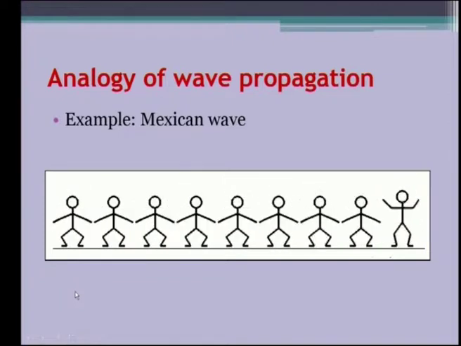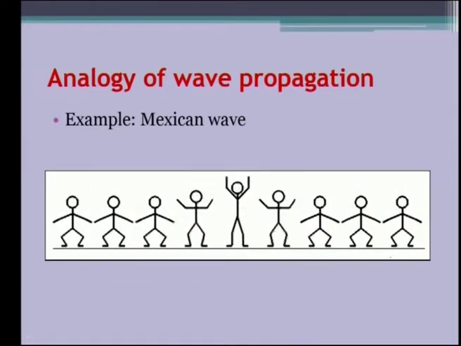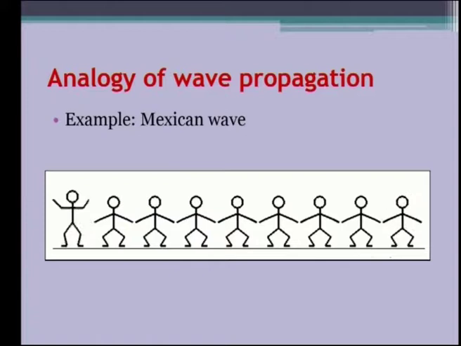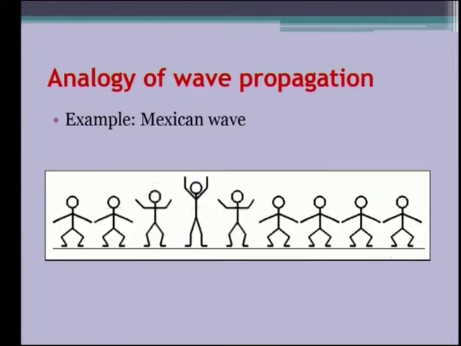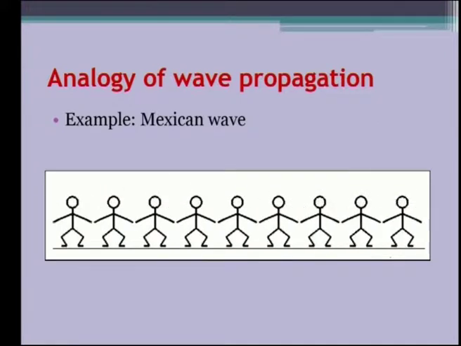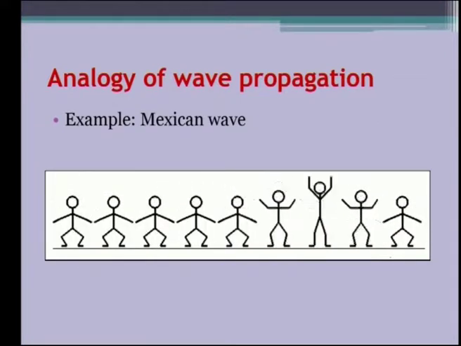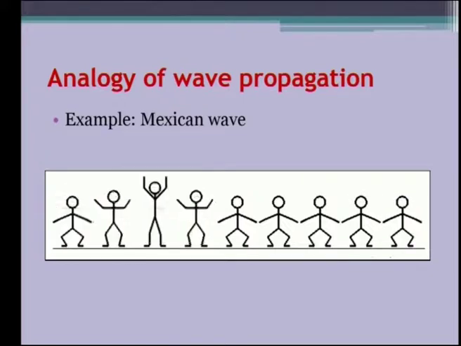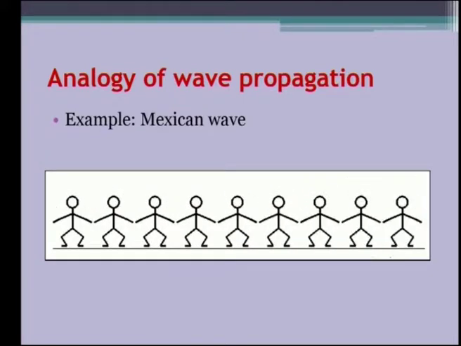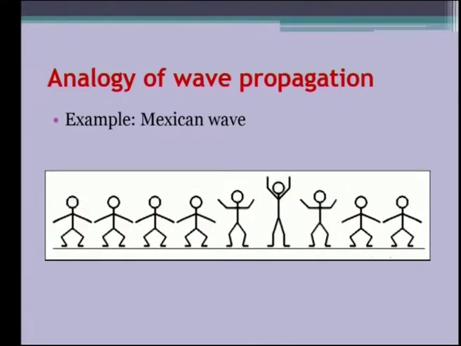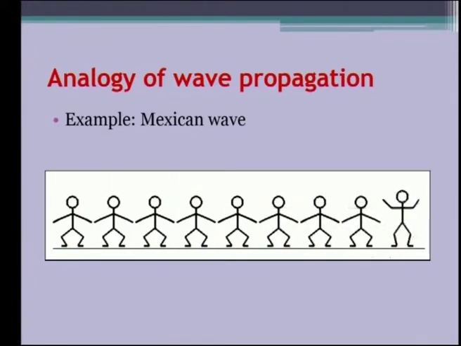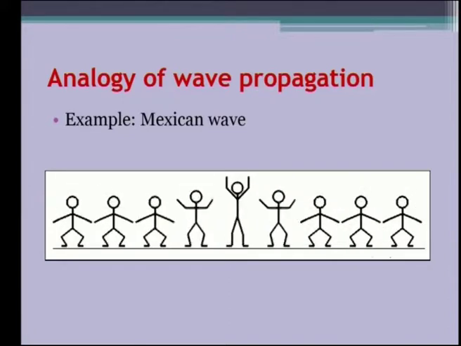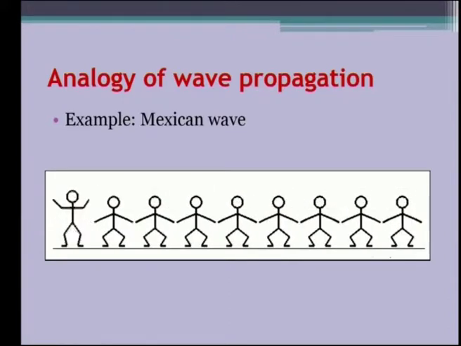The person is there, he is not moving ahead, but the disturbance is moving, that up and down motion is going ahead. It is passed on from one person to another person and another in a systematic way. There is a sequential method in which it is happening. So, this gives us an understanding that the particles are not travelling, the disturbance is only travelling in space.